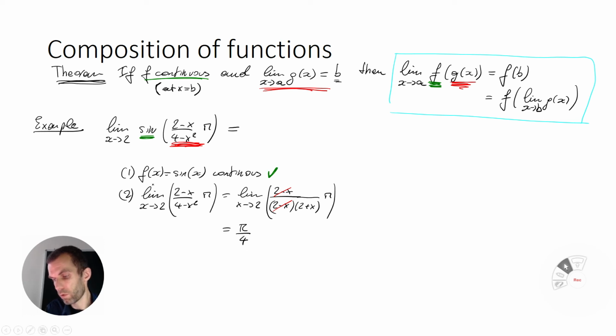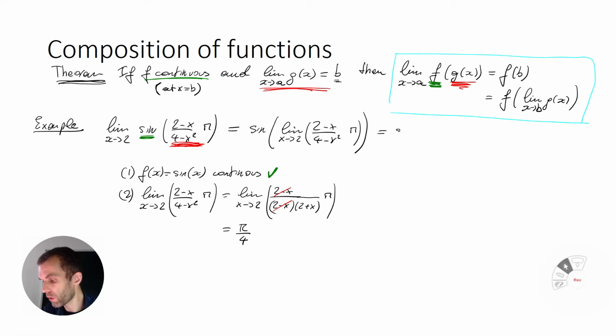Given that f is continuous, we can swap the sine and the limit. We get sine of the limit as x goes to 2 of (2 minus x)/(4 minus x squared) times pi. We've already computed that, it was pi over 4, so we get sine of pi over 4, which is square root of 2 divided by 2.